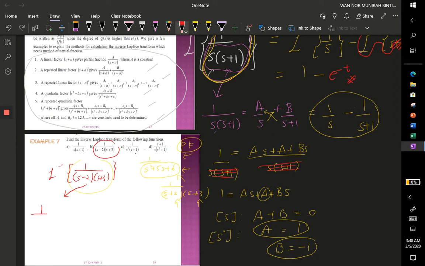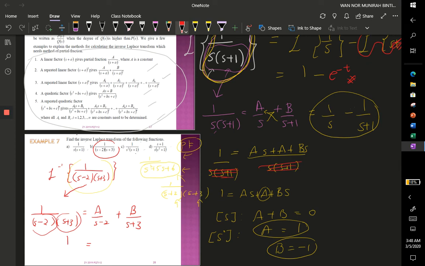So I have 1 over S minus 2, S plus 3 equals, this one is a linear factor, so I have A over S minus 2, plus this one is also a linear factor, B over S plus 3. So we cross multiply and compare the left-hand side.